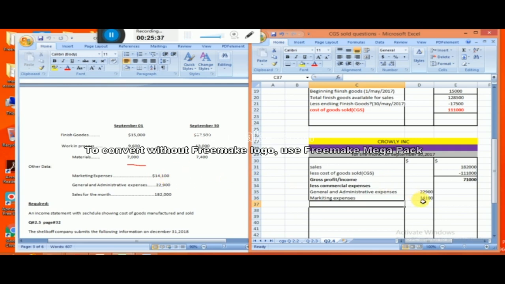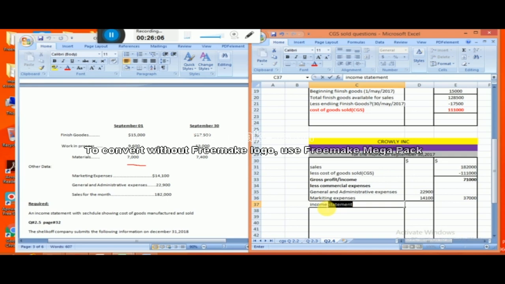So we will add these two expenses, clear, and then subtract them from the gross profit. That 37,000 is the total expenses. Now, income before income tax.